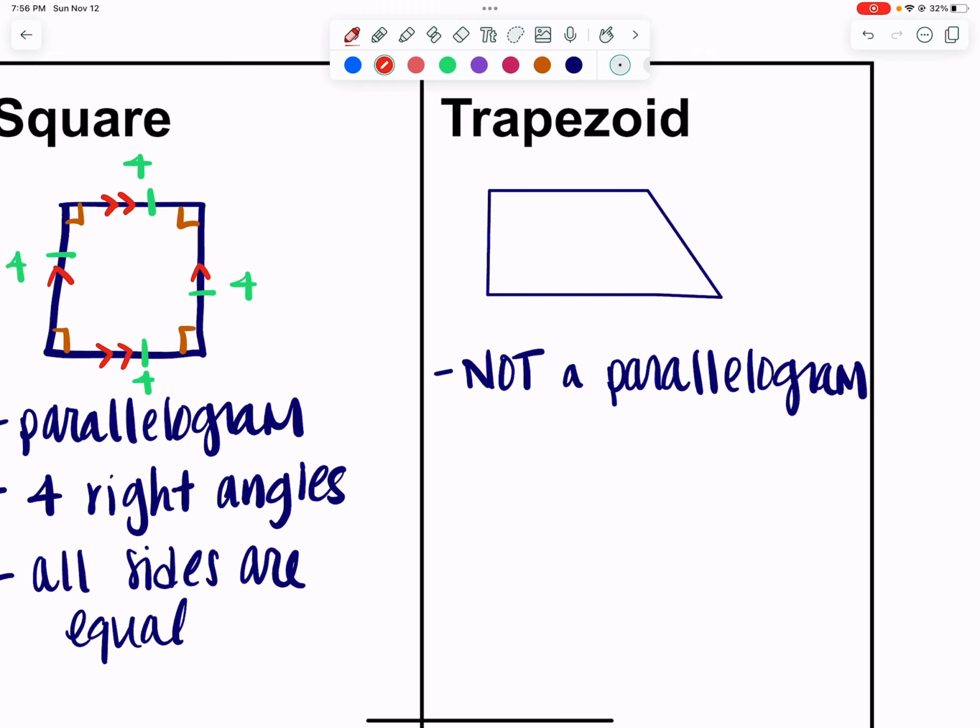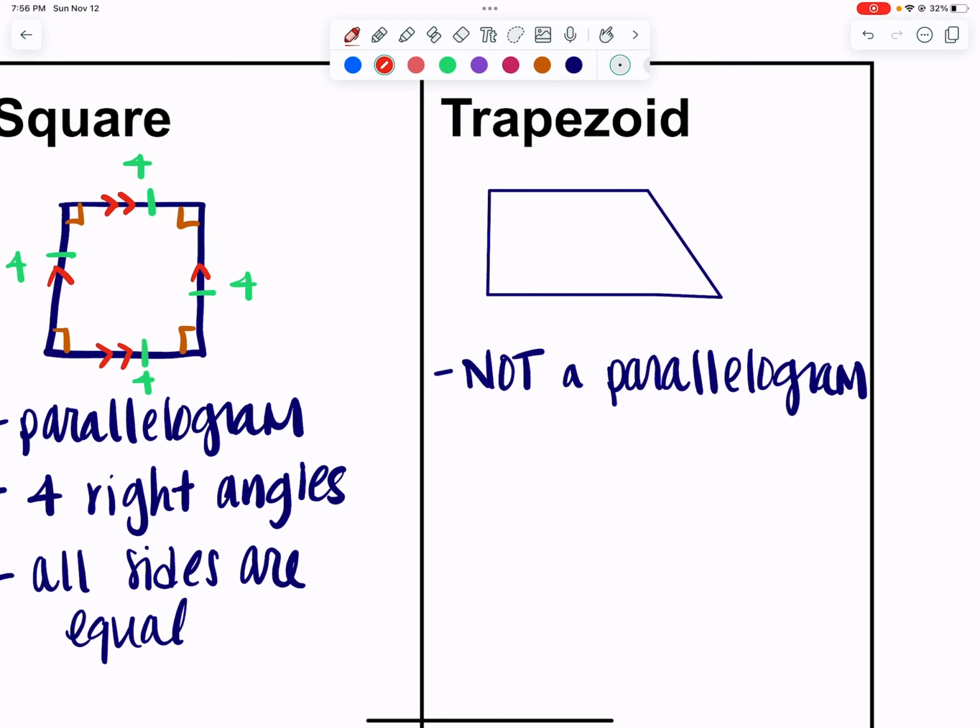The other sides may or may not be congruent. Sometimes you get right angles in the corner, sometimes you don't. We only have 1 pair of parallel sides. It's kind of the oddball.